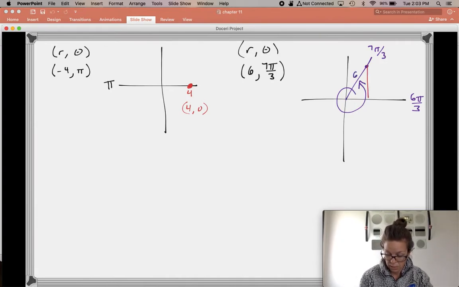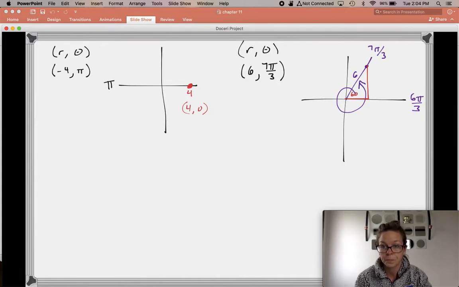Now, if I make this into a triangle here, it's really a pi thirds because it was 1 pi thirds past that 6 pi thirds. So pi thirds is 60 degrees. And our 60 triangle is usually 1, 2, and square root of 3. But our hypotenuse on this one is 6, so everything has a multiplier of 3. So we got 3 root 3, and this side is 3.